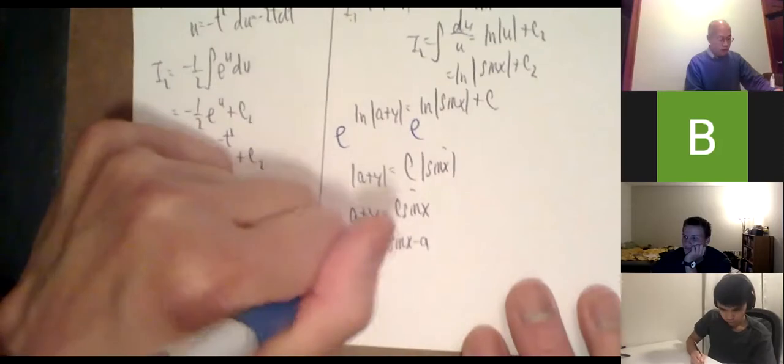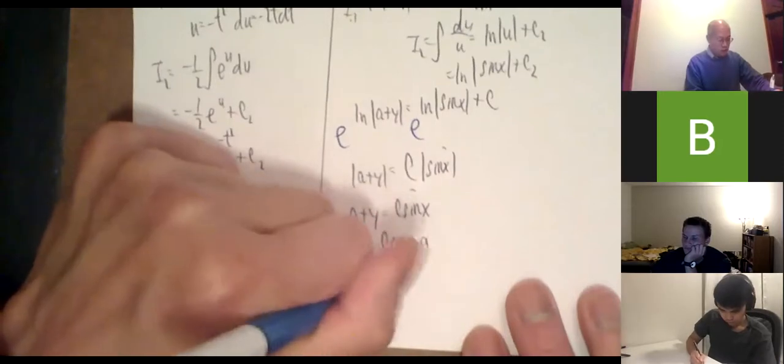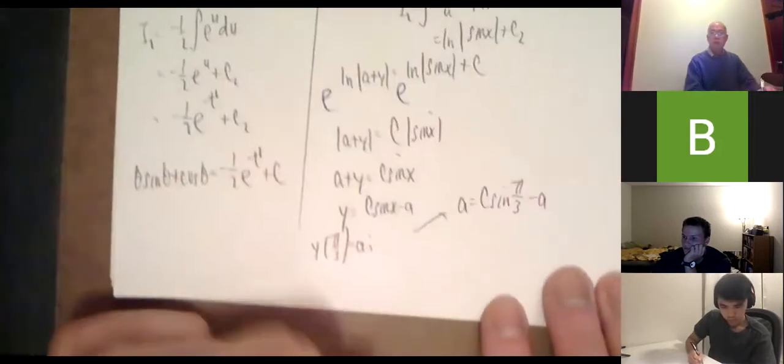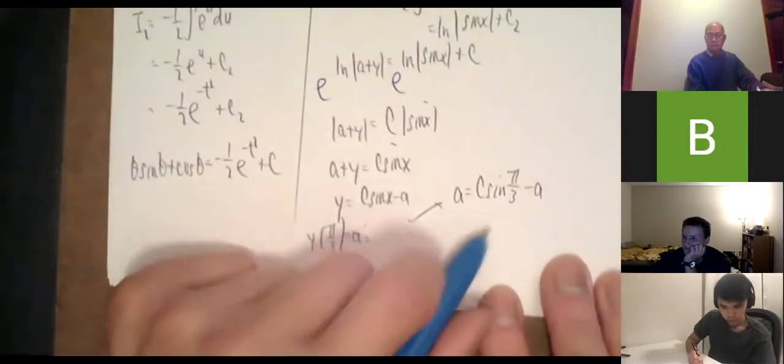Okay, so y of pi over 3 equals a. A goes here: c sine of pi over 3 minus a. Add a, I get 2a.